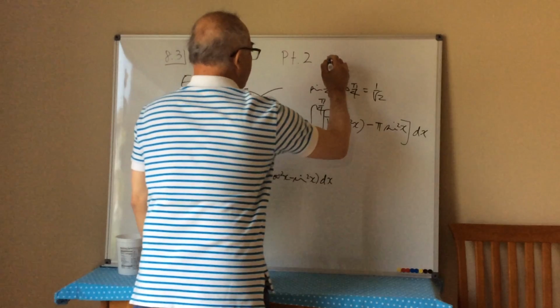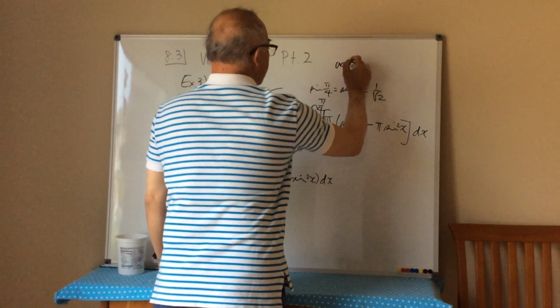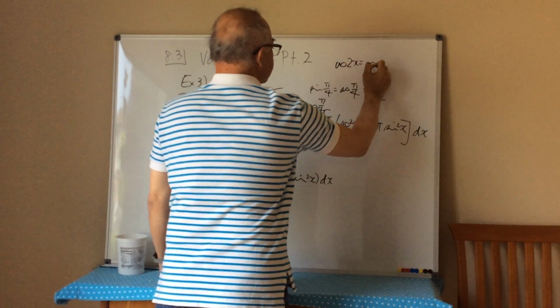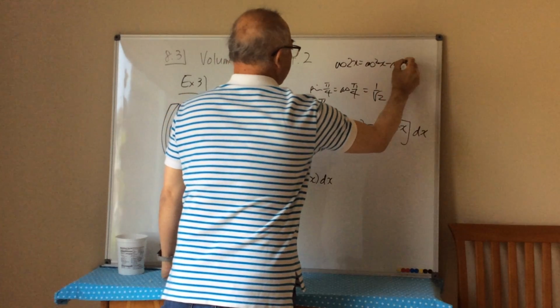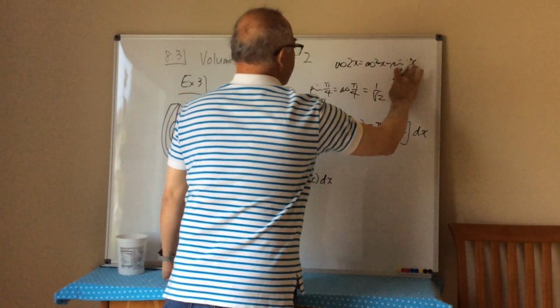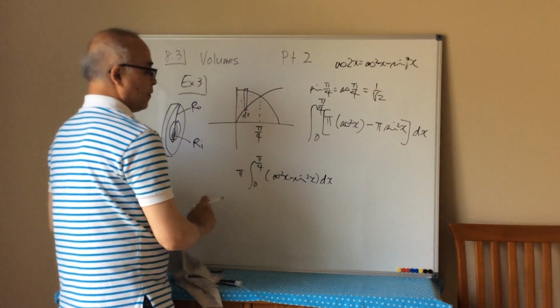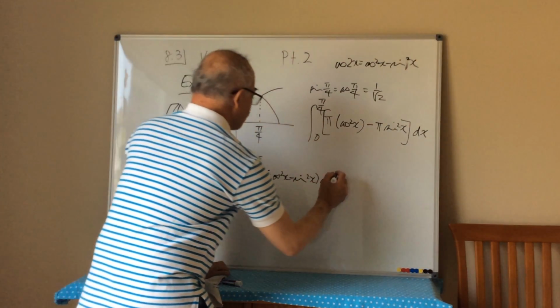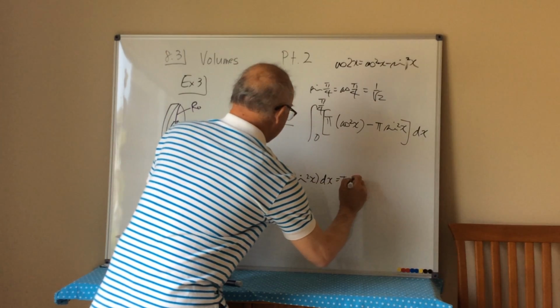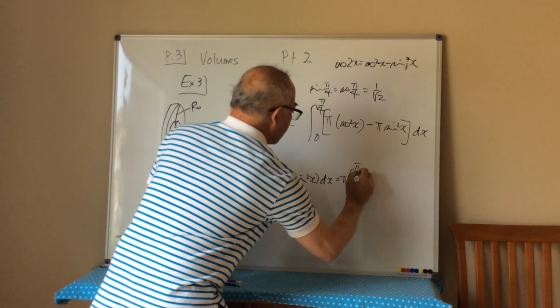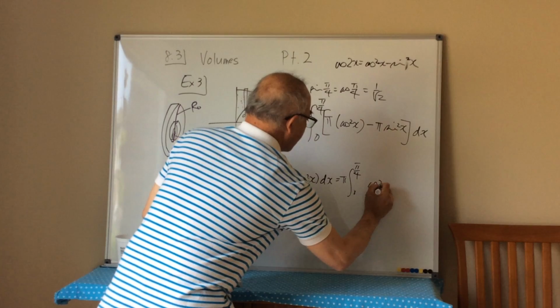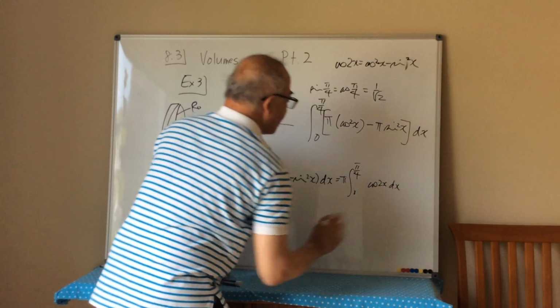And if you remember, the trig identity is this guy, so this gets replaced by cosine 2x dx.